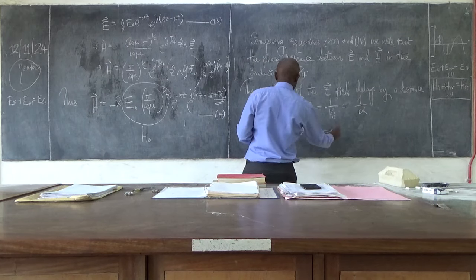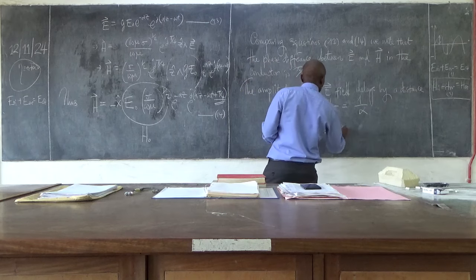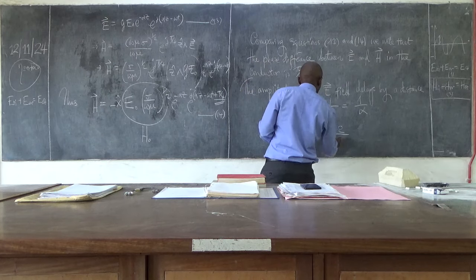So delta is the same as (2 over omega mu sigma)^(1/2).